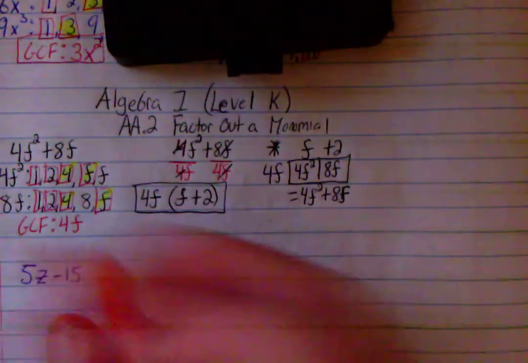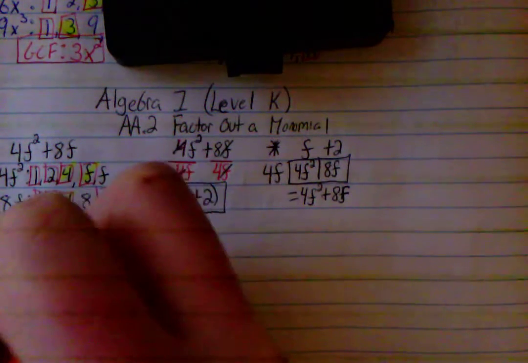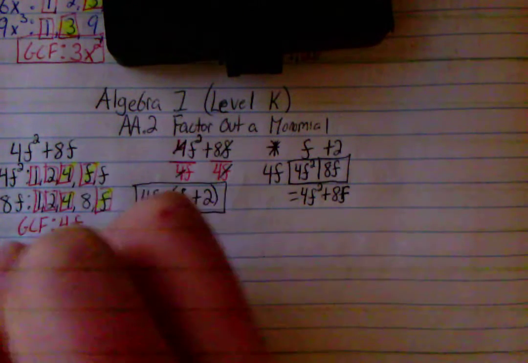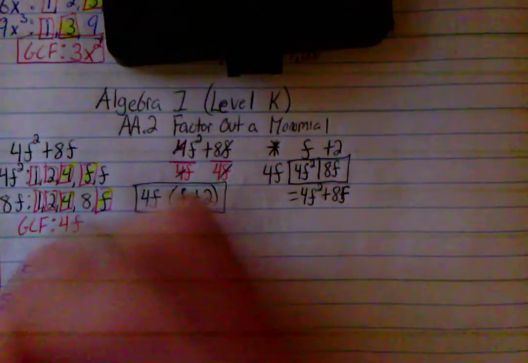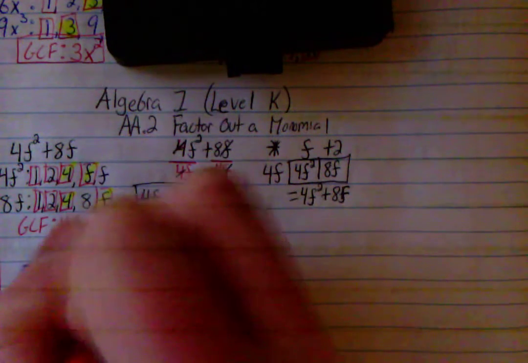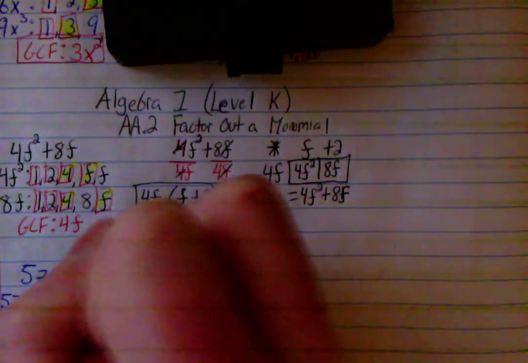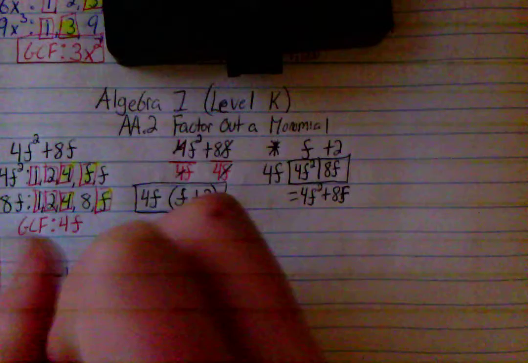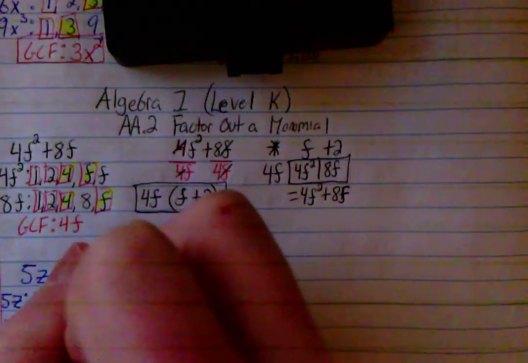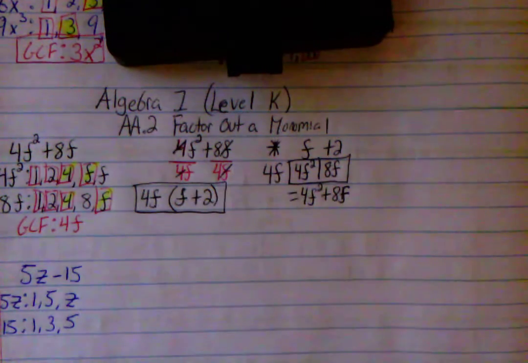So again, I'm going to take the factors of 5z and 15. I know the factors of 5 are 1 and 5, and we cannot forget about that z. The factors of 15 are 1, 3, and 5. We need to find what they have in common.